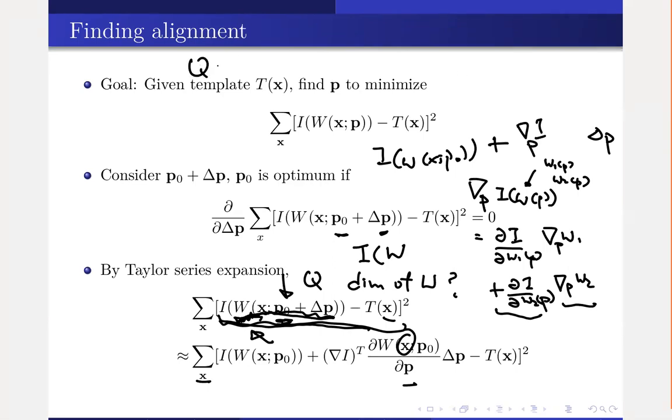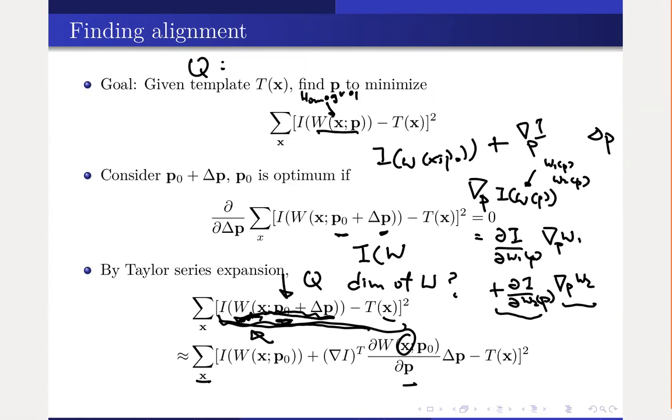So if I have P, let's say this warping is a homography. You remember what a homography is, right?